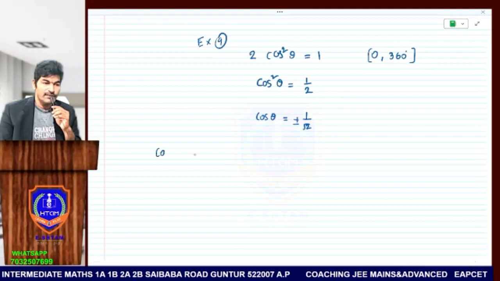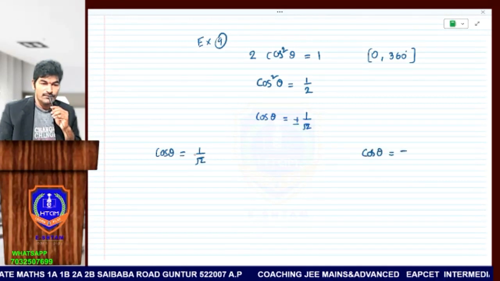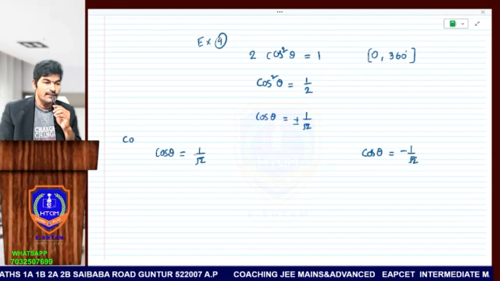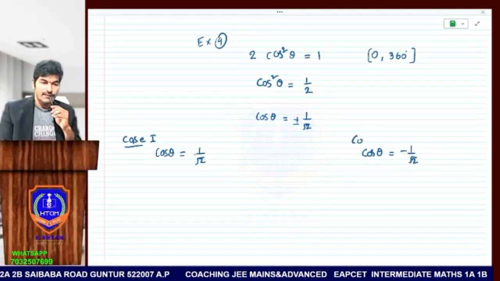So two types of solutions exist. The first one will be cos theta equal to plus 1 by root 2, and the second one will be cos theta equal to minus 1 by root 2. You can consider these as case 1 and case 2.